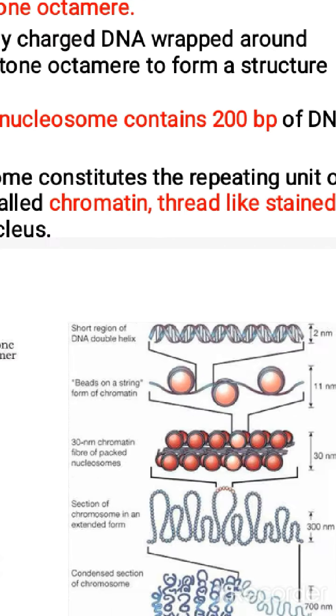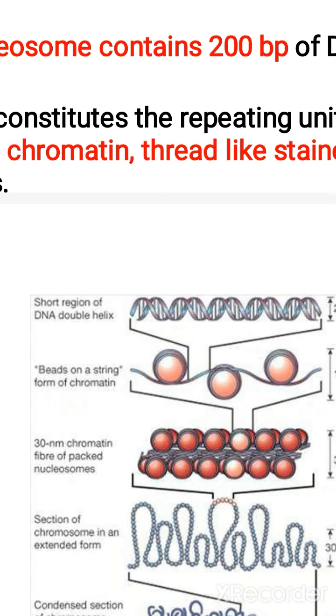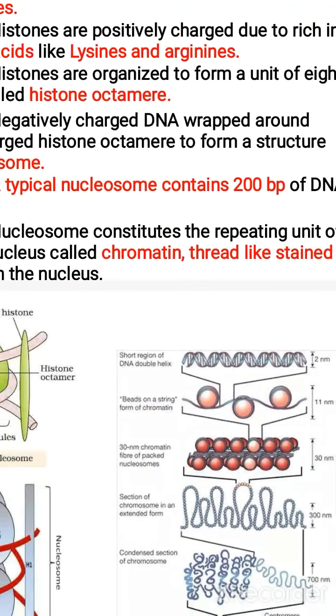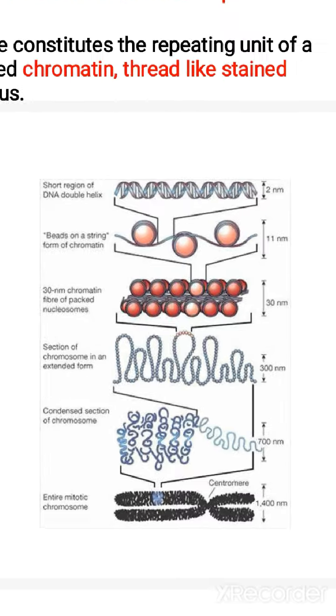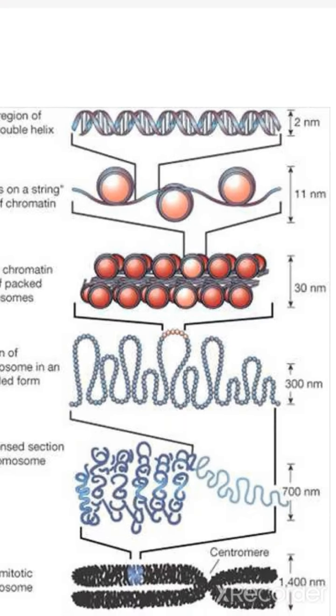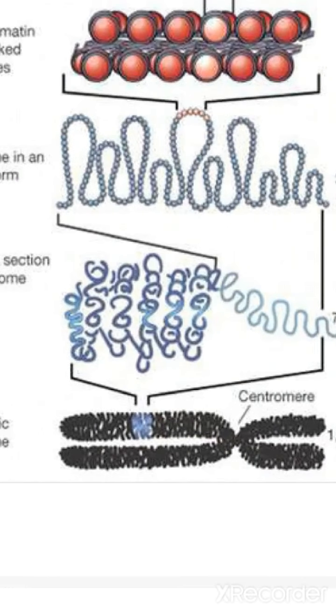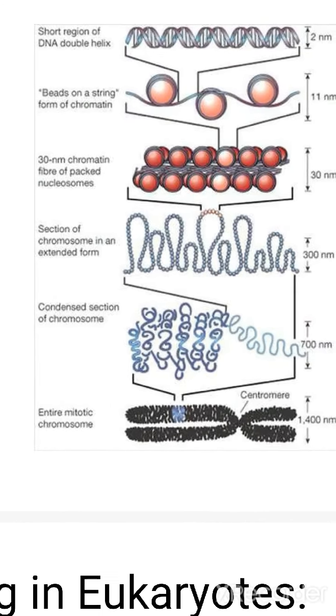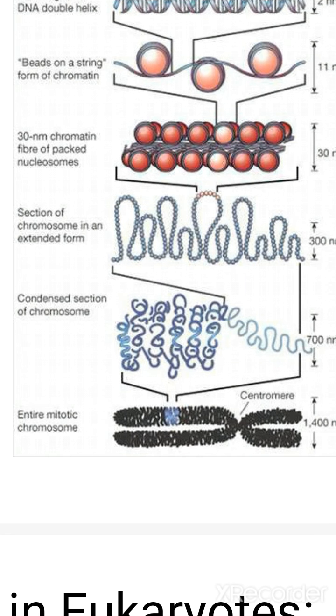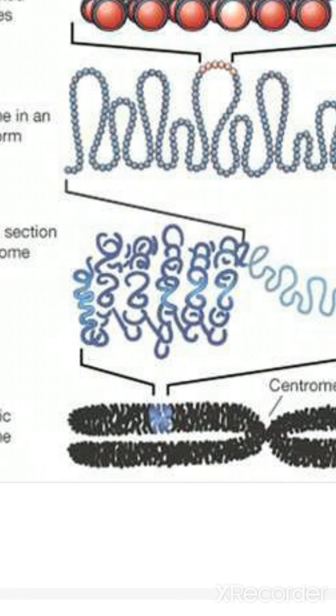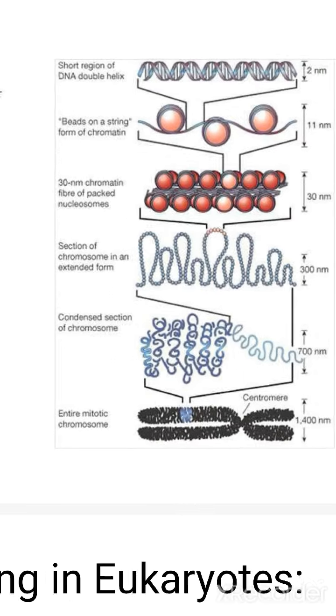You see here so many nucleosomes, 1, 2, 3 nucleosomes, and once again they are coiled together. You can see how it is packaged: the nucleosomes are coiled more and form further coiling, and you see the extremely condensed chromosome. This one you call chromatid. This type of structure you can see during cell division, during metaphase.